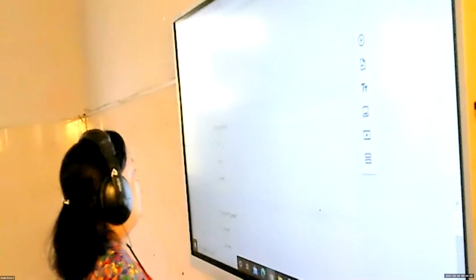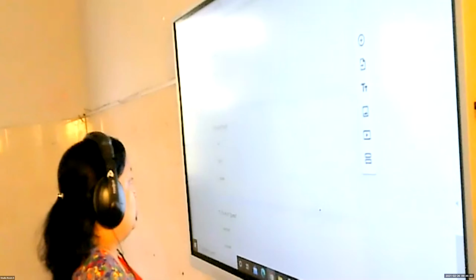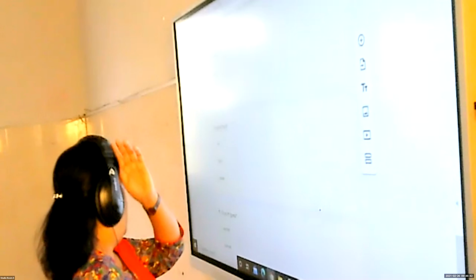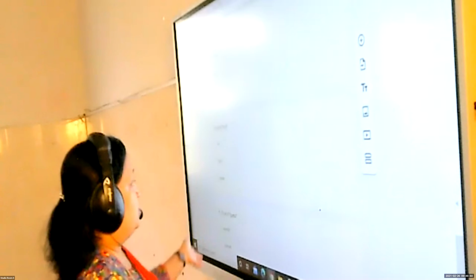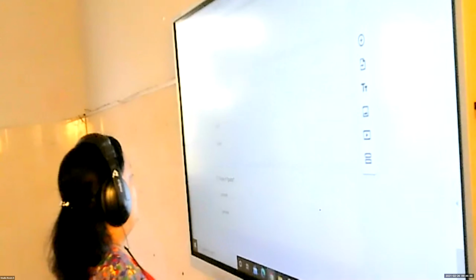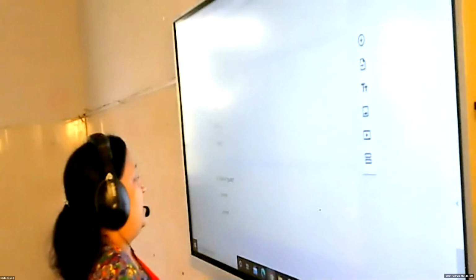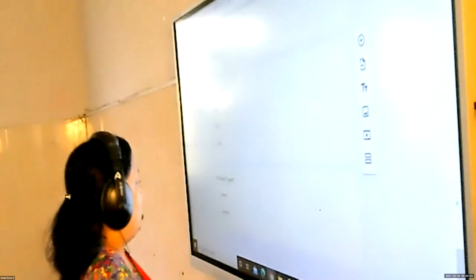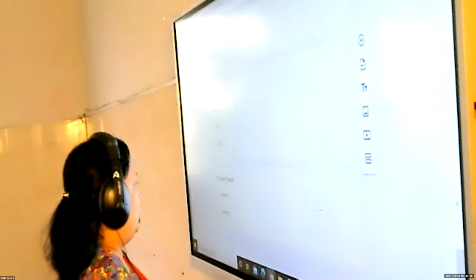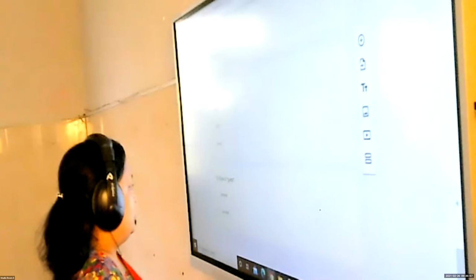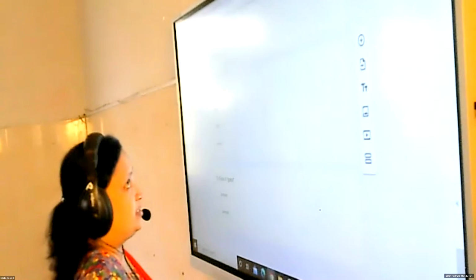Number 9, plural of tool. Options are tool, tools and T-O-O-L-E-S. The last one, plural of guess. Options are guesses, G-U-E-S-S-E-S and G-U-E-S-S-E-D, guessed.